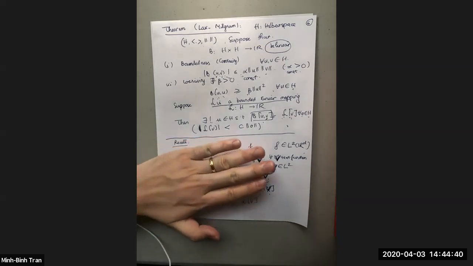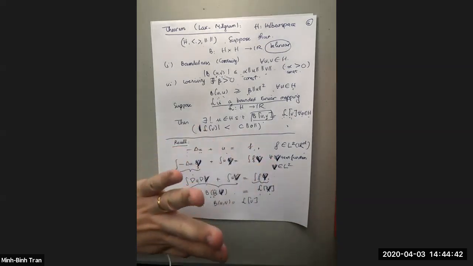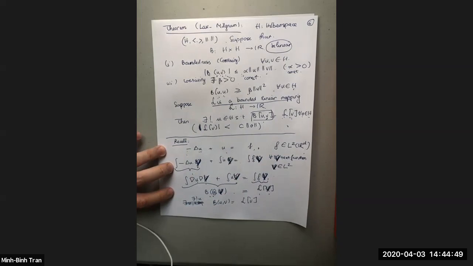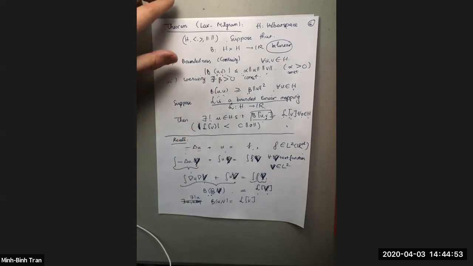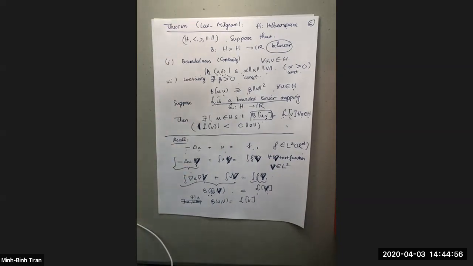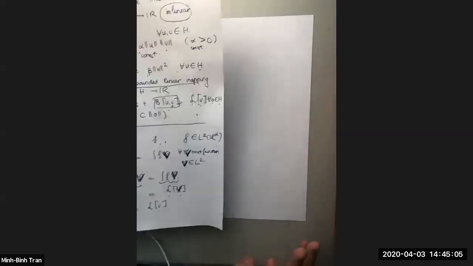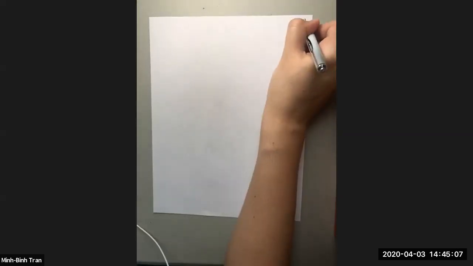Don't worry about this, because I'm going to give you all of the setting for the functional space for the elliptic equation after we prove the Lax-Milgram theorem, and after that I'm going to go into the finite element method, some very basic concepts of the finite element method. So let us go to the proof of the Lax-Milgram theorem.